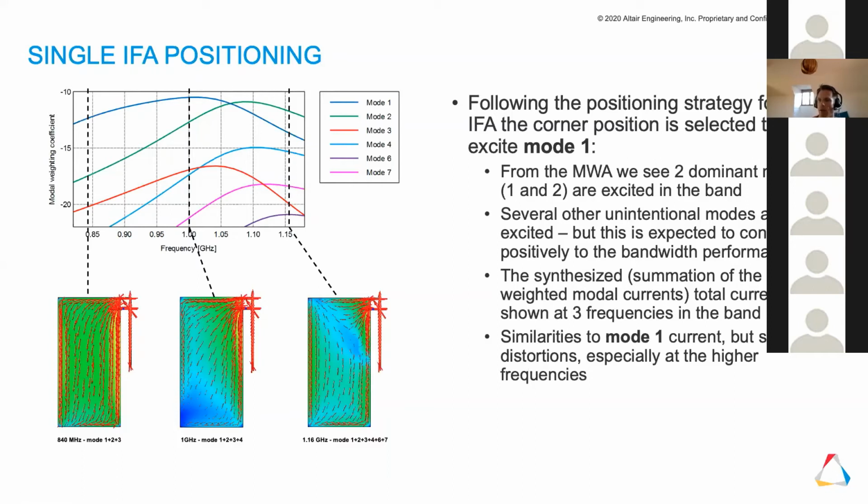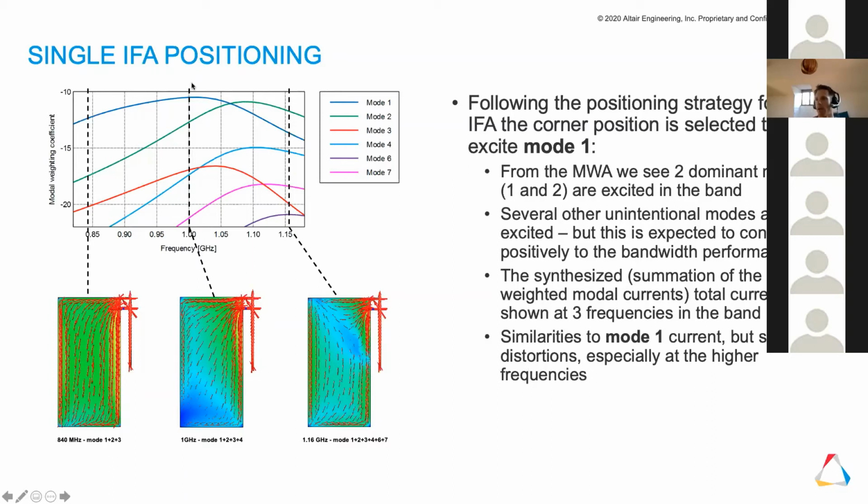So FEKO offers a macro that allows us to combine or sum the modal currents. So what I do is at this frequency, 840 megahertz, I've added the 3 modes here, and they're weighted by the modal weighting coefficients. So this is kind of like the synthesis of the total current that we can expect.